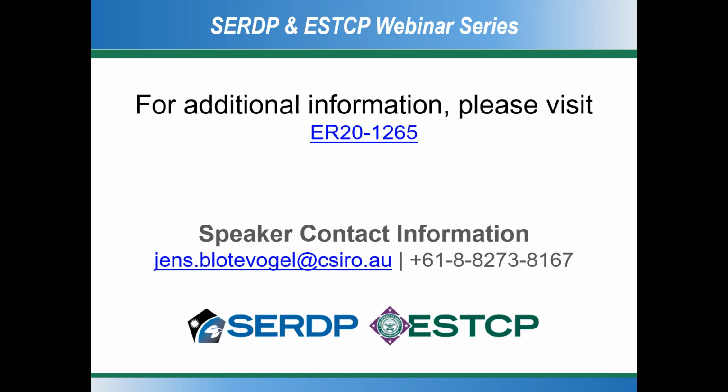Again, this was a 1-year or 15-month limited scope project. I would refer you here to the project website. You can see the SERDP project number here, ER20-1265. You can Google that and get to the project website. So there's a phase 1 final report published already with a preliminary database.